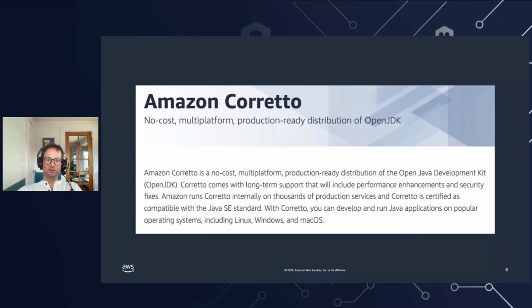And that's a difference between Corretto and most of the other built versions of OpenJDK. We also contribute a lot of optimizations to OpenJDK that are targeting the ARM64 architecture. And we contribute all those developments back to the community to ensure that Amazon Corretto stays as close as possible to OpenJDK.